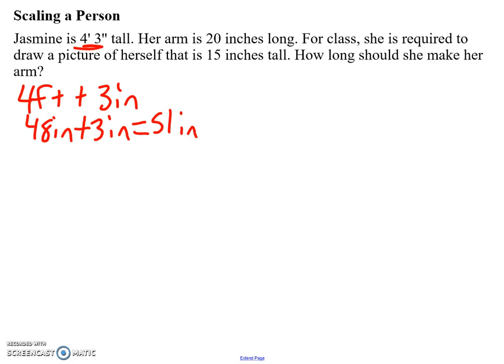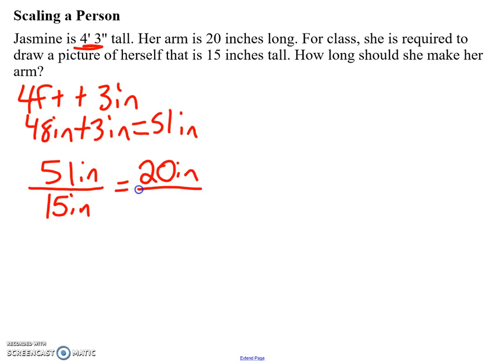So if I want to figure out how to make her arm, I know that I have her 51 inches in actual height compared to 15 inches in the picture. So her 20-inch arm would have to follow the same proportion.